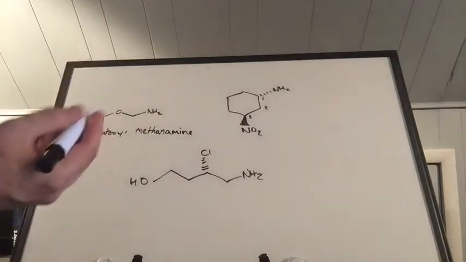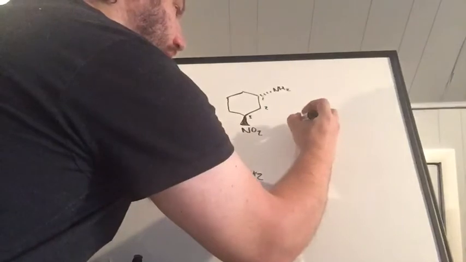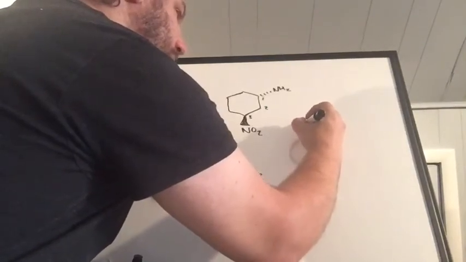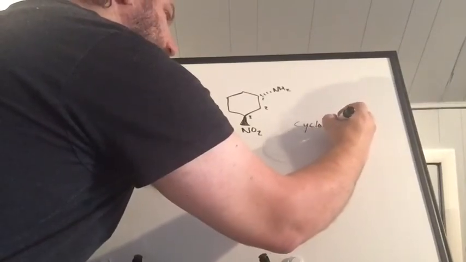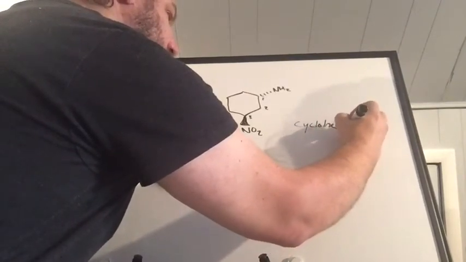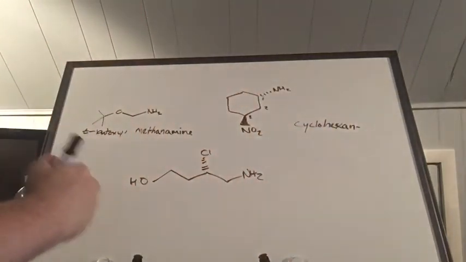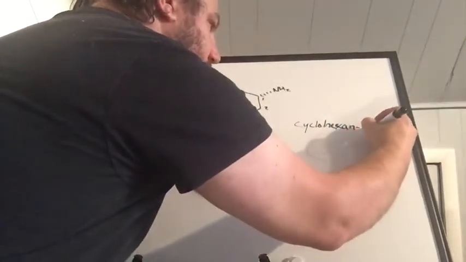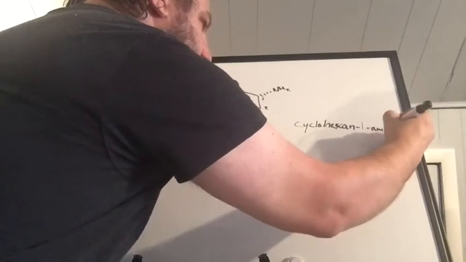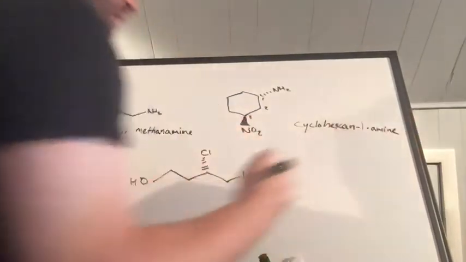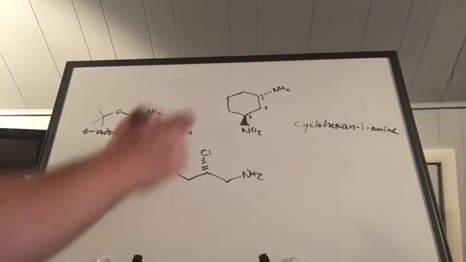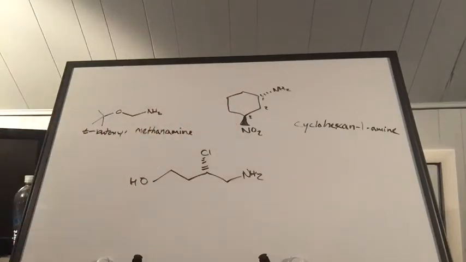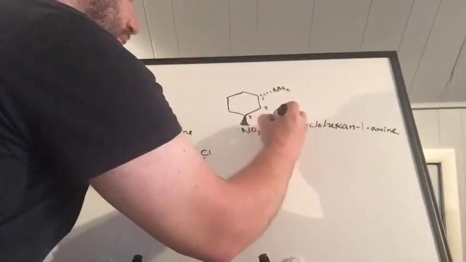Okay, so we're going to have cyclohexane as the root. So cyclohexane-1-amine, because it's in there in the first position branch. Then we have that nitro group at the 3 position, so we'll put 3-nitro, 3 hyphen nitro.